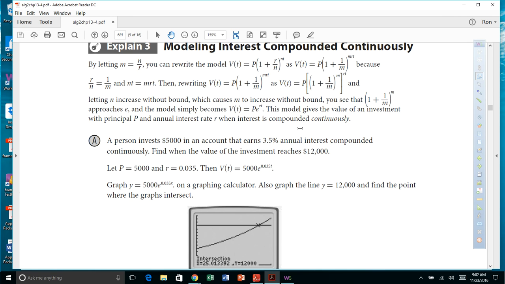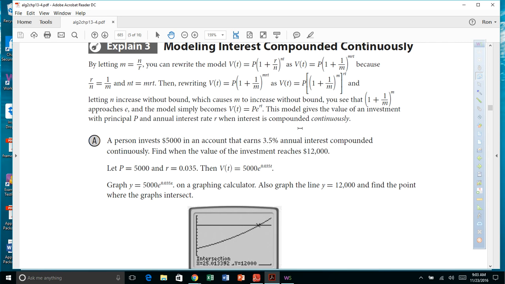Then rewriting that as V sub t equals P times 1 plus 1 over M to the M power to the RT power, and letting N increase without bound, which causes M to increase without bound, you see that 1 plus 1 over M to the M power approaches E, and the model simply becomes V sub t equals P E to the RT power.